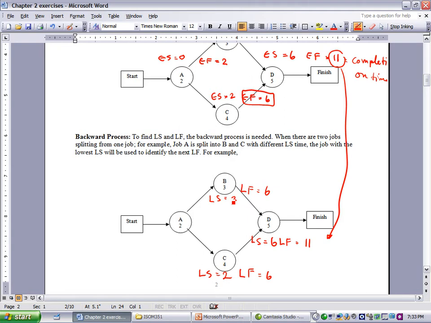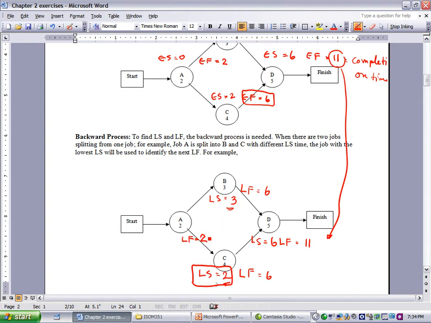When you go backward, when you have two activities that come from the same activity like that, you are going to pick the smallest LS to become the LF of the previous activity.